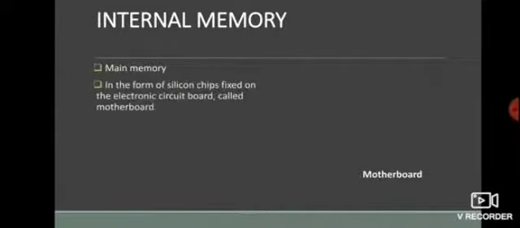So we'll see internal memory. Internal memory is also known as main memory. It is in the form of silicon chips fixed on the electronic circuit board called the motherboard.